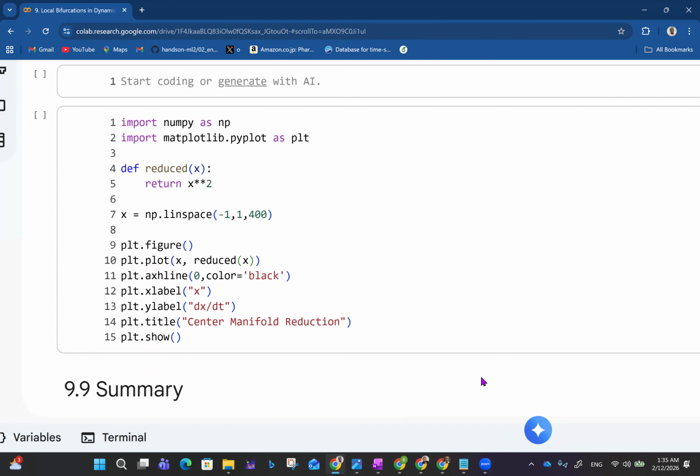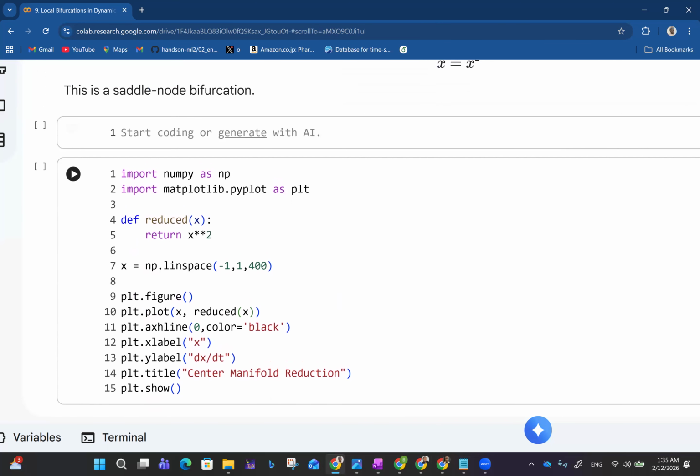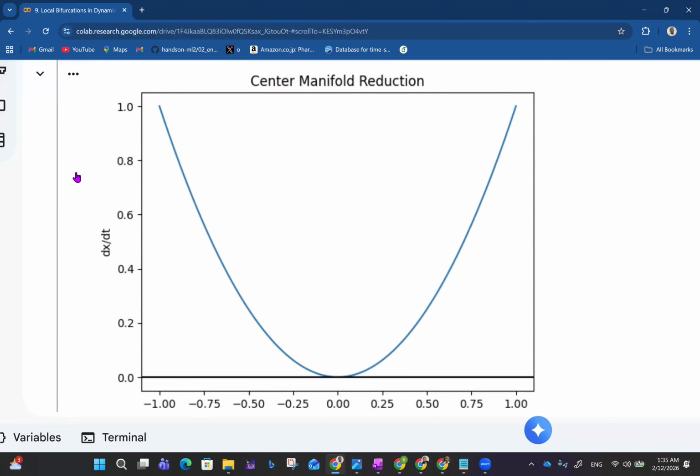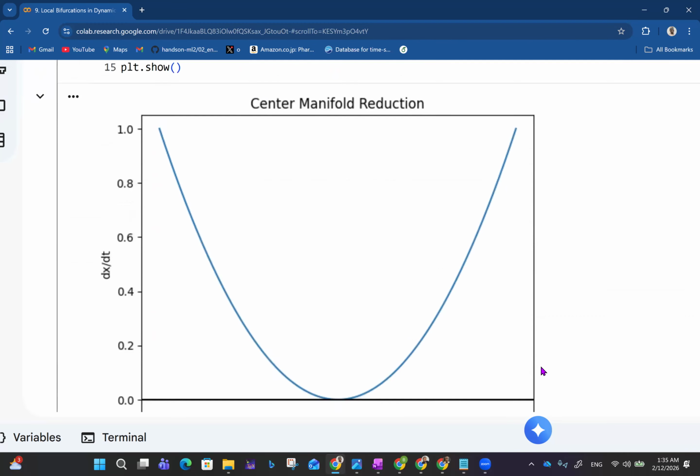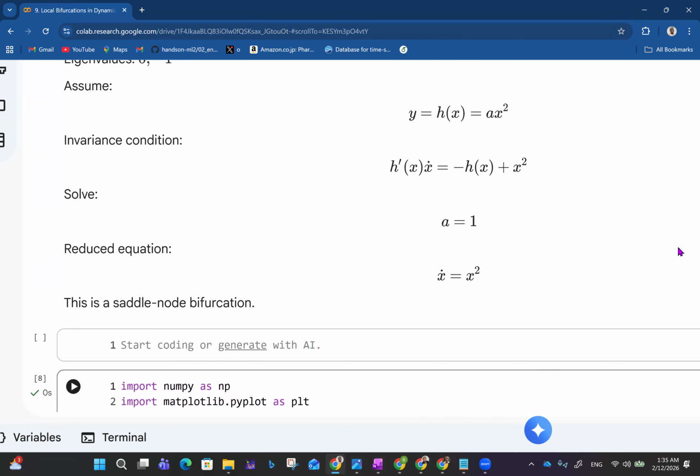To visualize that, we now look at this x squared on its own, and then I run this now, and it shows us this kind of center, using center manifold reduction, and we get this thing. Watch out for what exactly is happening right here, because we are then having h prime of x.